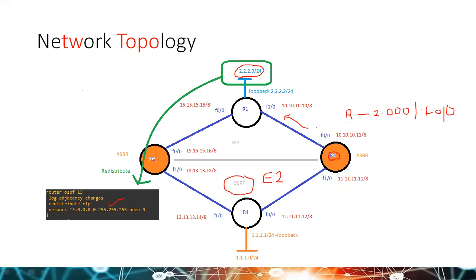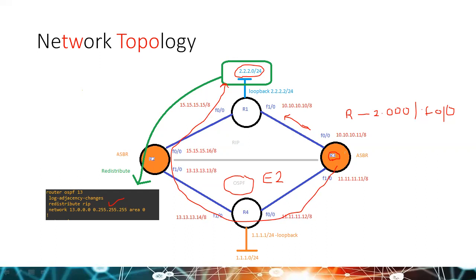So rather than going through the north side to reach 2.2.2.0, R3 will take a longer route via R4 and R2 to connect to 2.2.2.0.